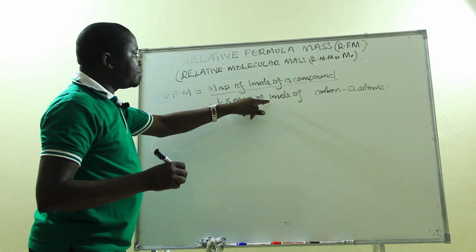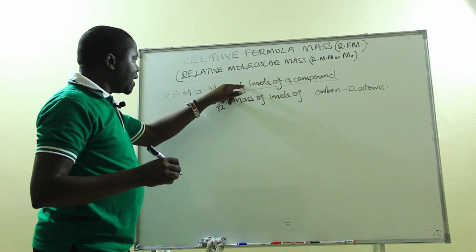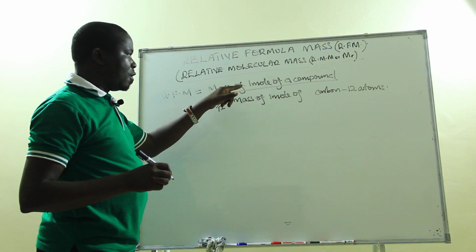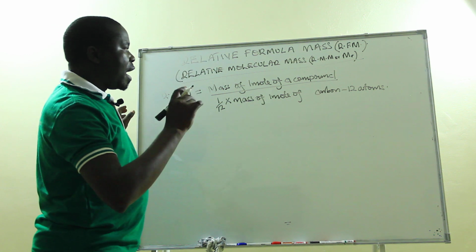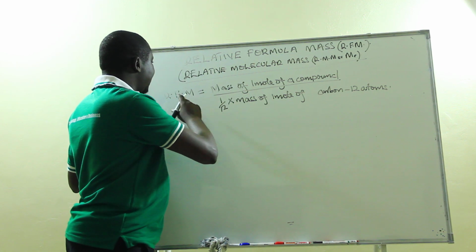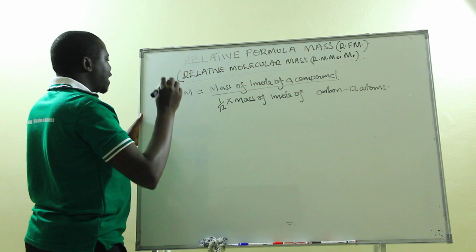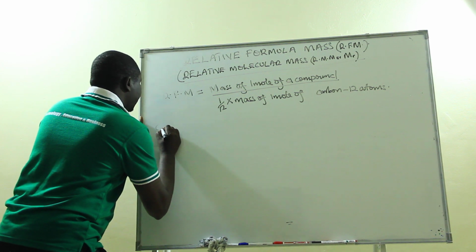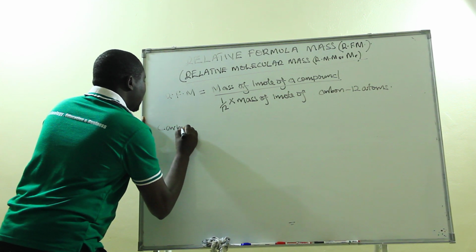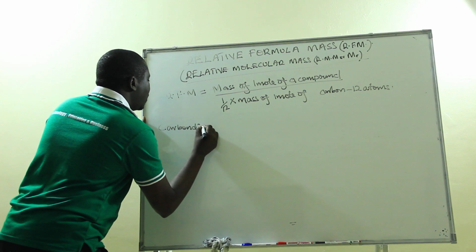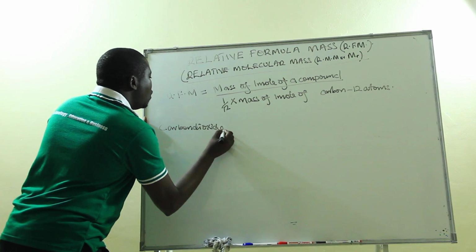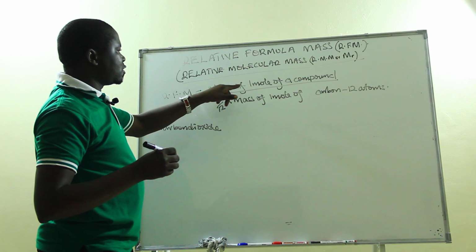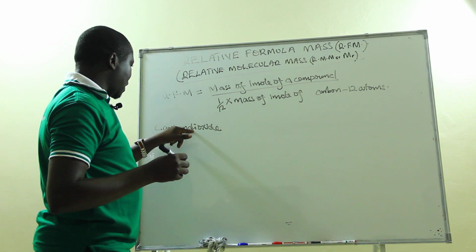So the most important thing right now is to get how to get the mass of 1 mole of a compound. Then we shall see how we can substitute for that, and then we get the relative formula mass. If I have a compound like, say, carbon dioxide, we are going to look at how to get the mass of 1 mole of carbon dioxide.